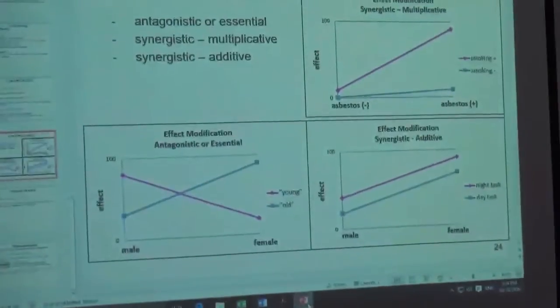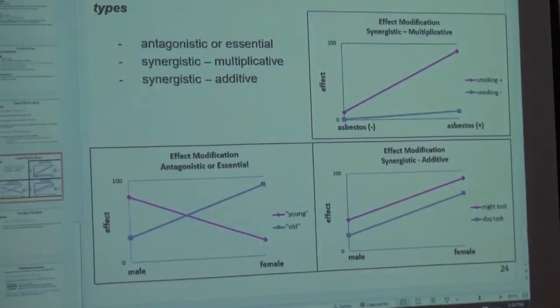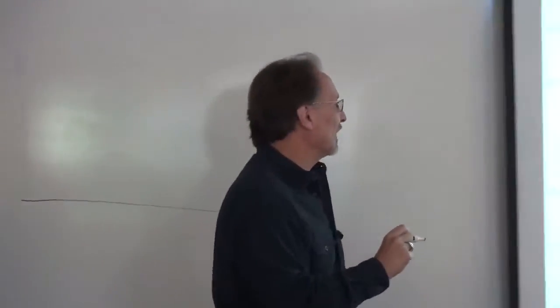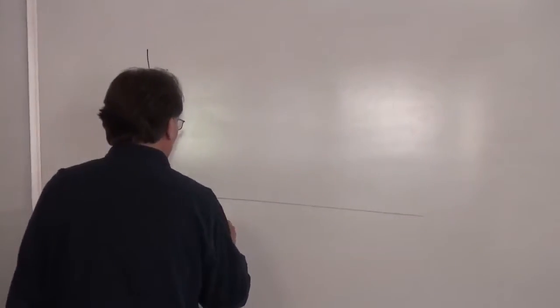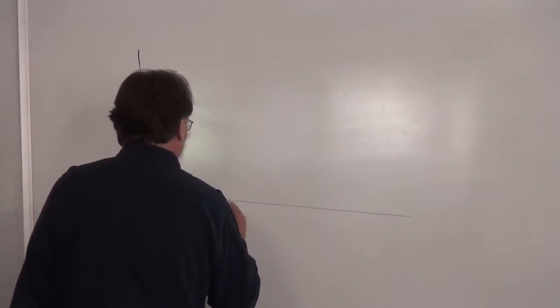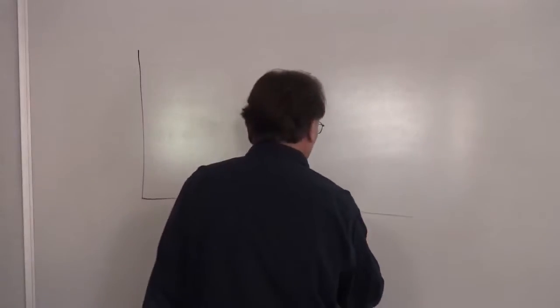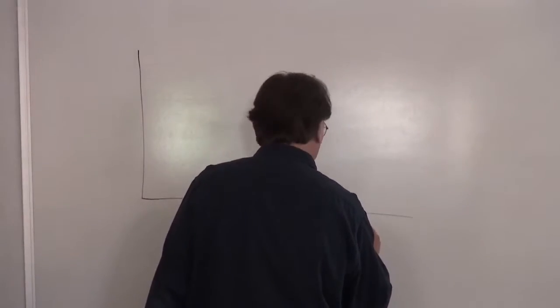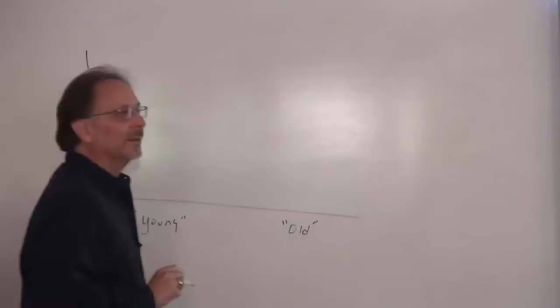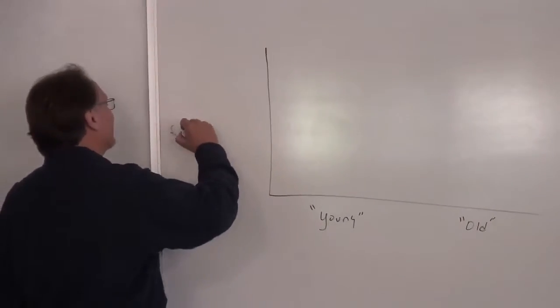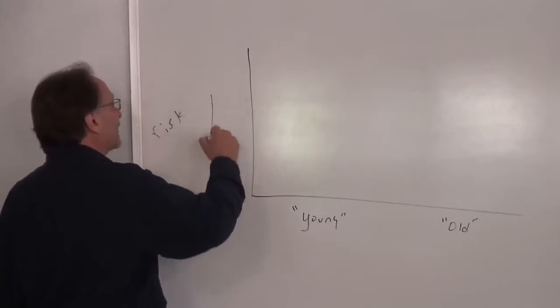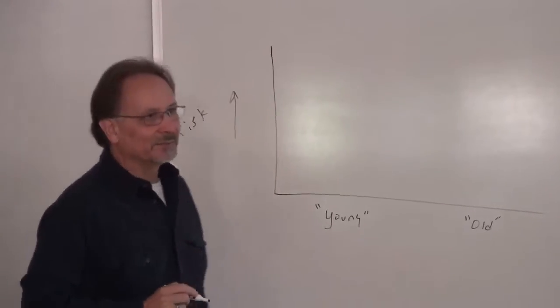Here we've got, let's see, I did male, female. Let's see if we can do an old, young. So here we do young in parentheses, and here we do old in parentheses. And here we do risk, and that's our increasing risk.